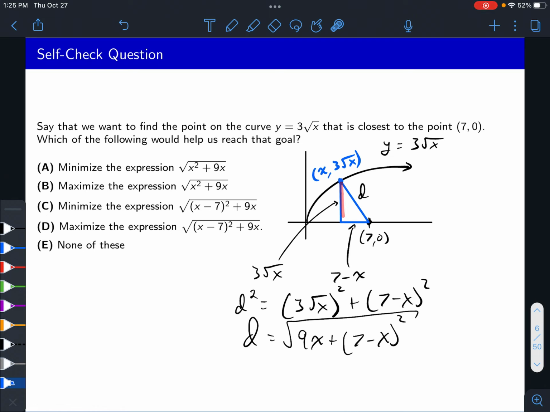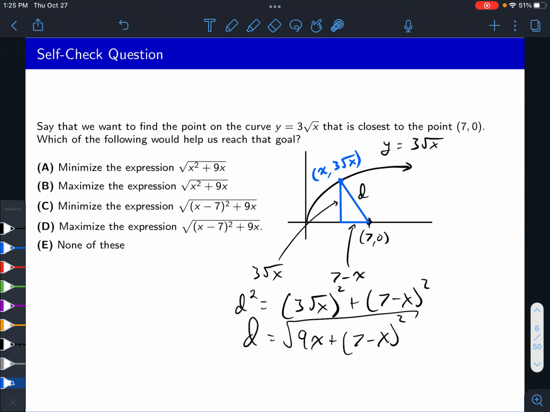Just to remind you what happened a little bit: we found a point on the curve. You had your x value, and your y value was just given by the function, because it's on the function's graph. And then you could compute a certain thing.